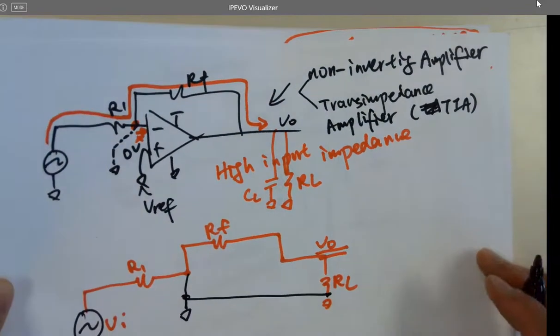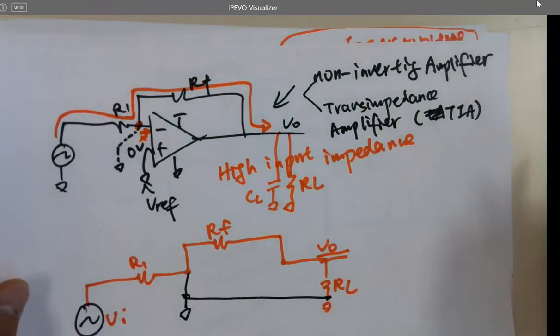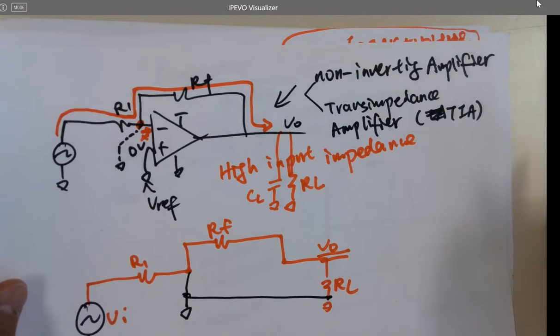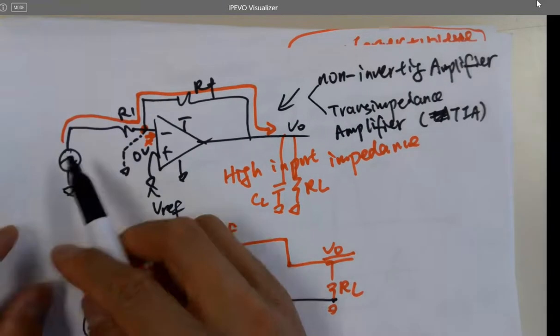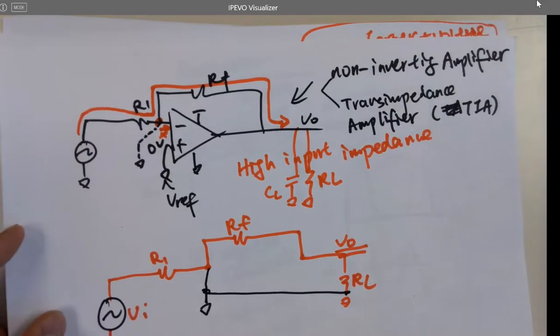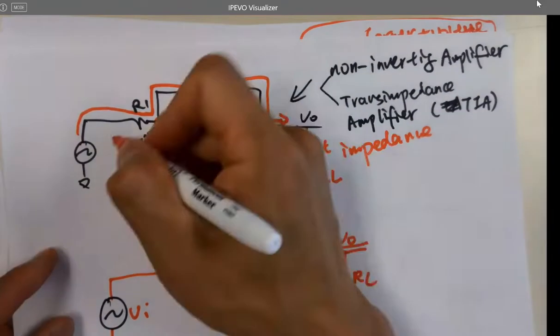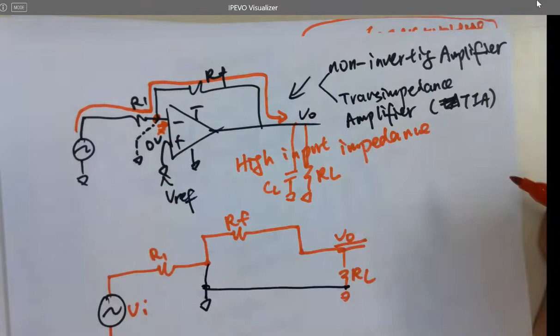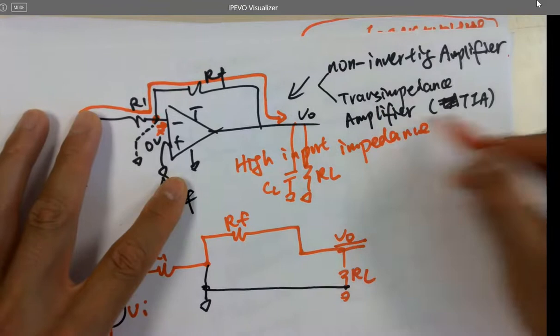It's everywhere in your life. And why is it called a transimpedance amplifier? You need to know: is this a voltage amplifier, or a current amplifier, or a transimpedance amplifier? Transimpedance, I already told you, right?